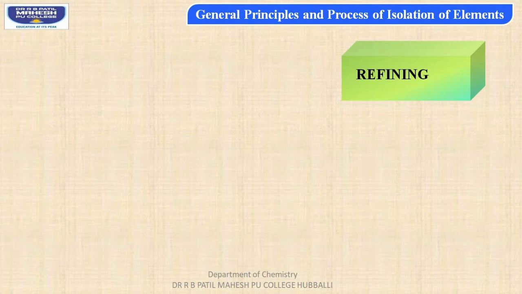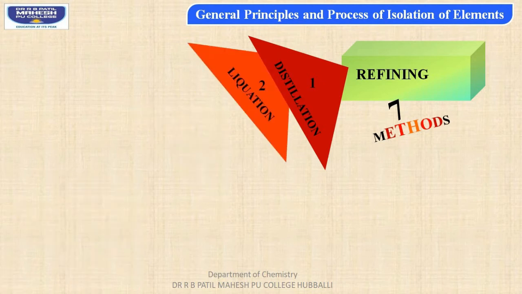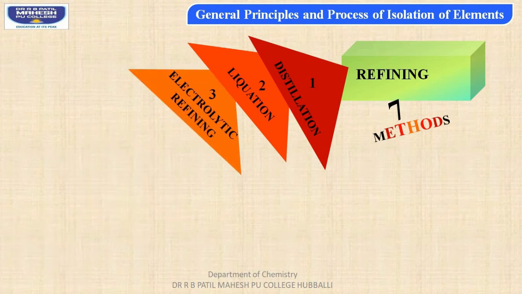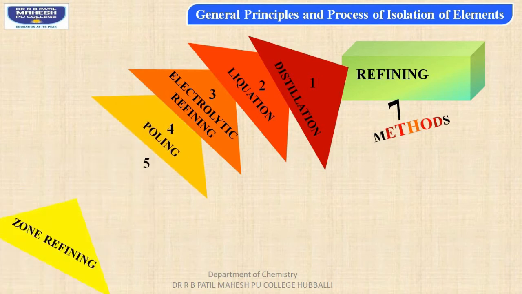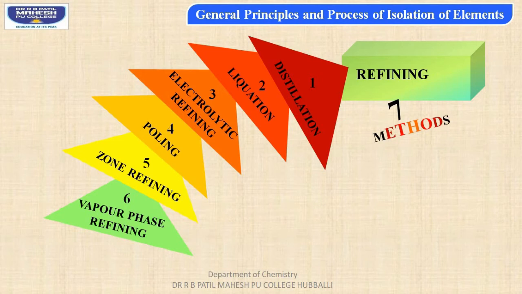Students, refining of metals consists of 7 different methods, and the first one is distillation, followed by the liquefaction method, the third one electrolytic refining, fourth poling method, fifth zone refining, sixth vapor phase refining, and seventh chromatography. One by one, we can study each of the refining processes.